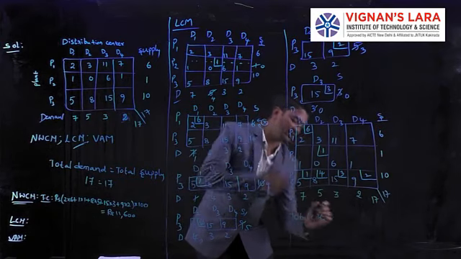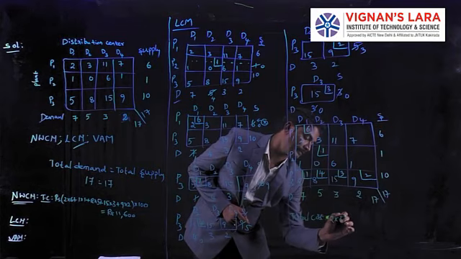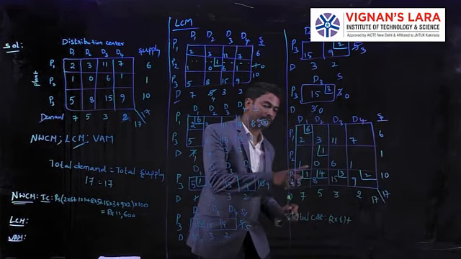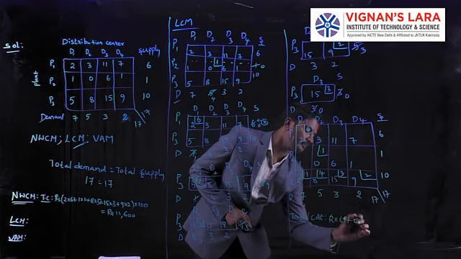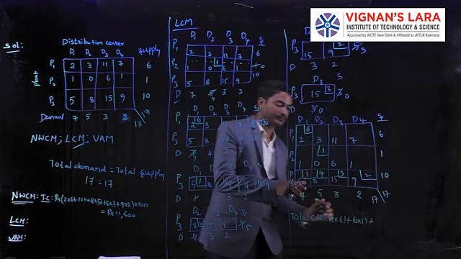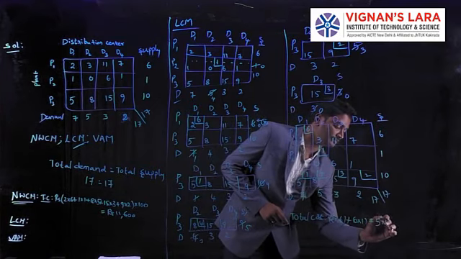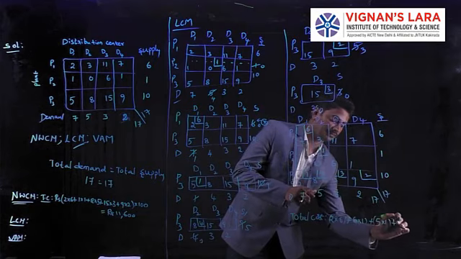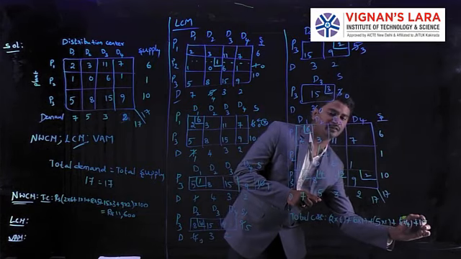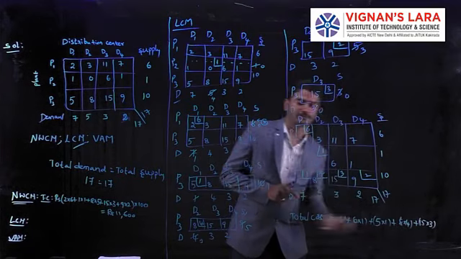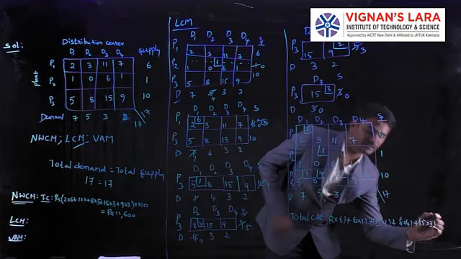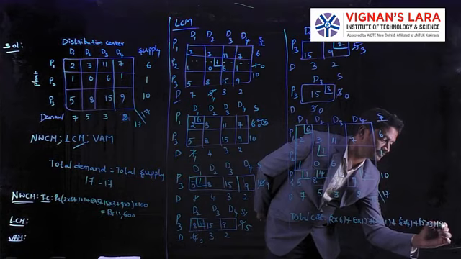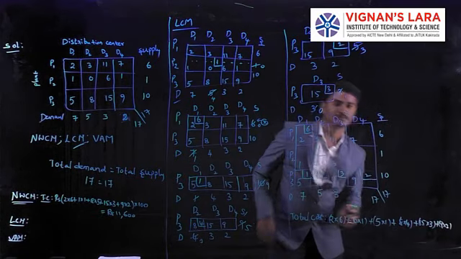Here 2 into 6, plus 0 into 1, plus 5 into 1, plus 8 into 4, plus 15 into 3, plus 9 into 2.